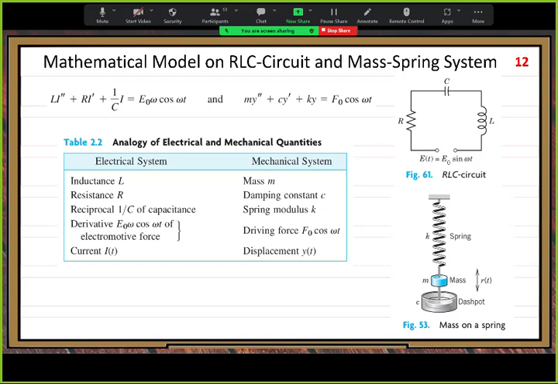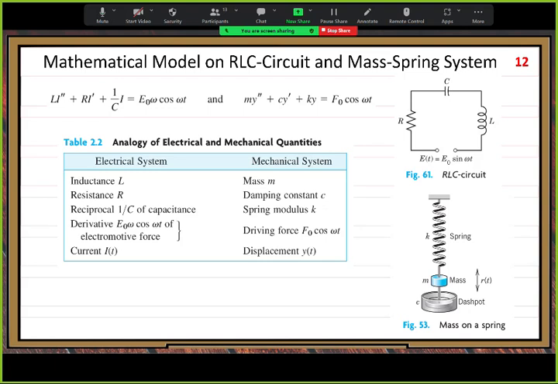So you can do this match. Inductance L corresponds to the mass M, the second order derivative term.